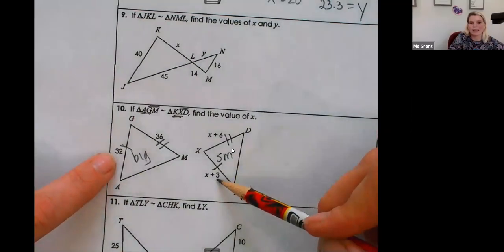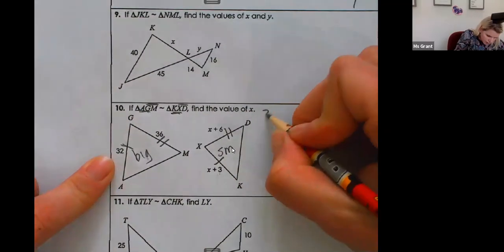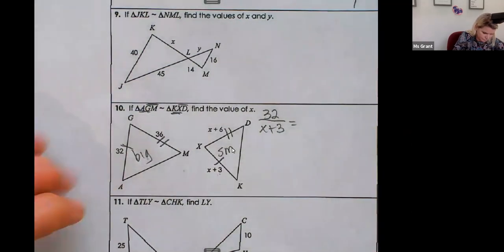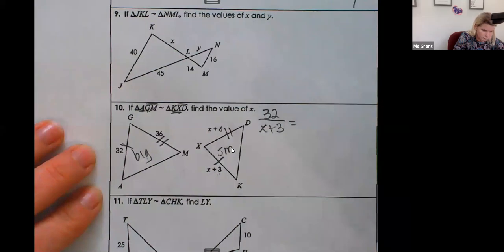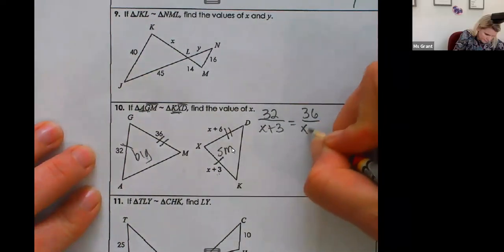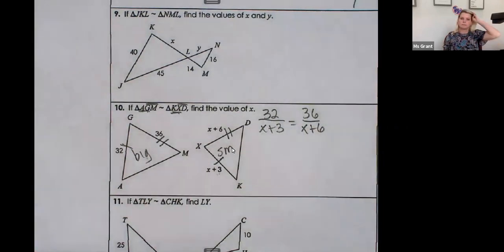Yes, because they both have one line, similar. 32 over x plus 3, and then set it equal to 36 over x plus 6. Yep, very good.